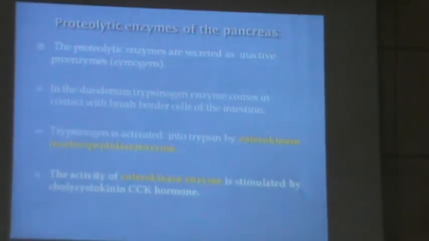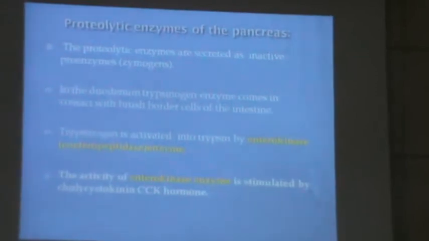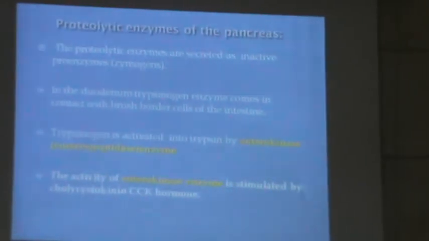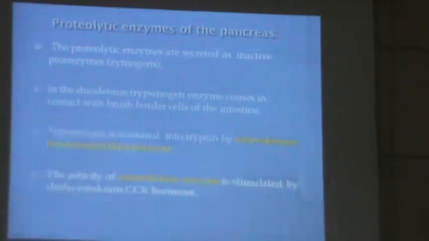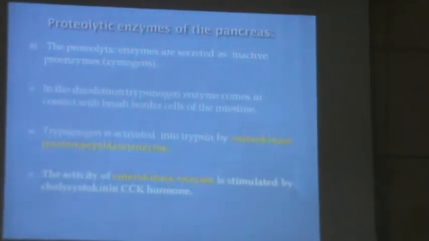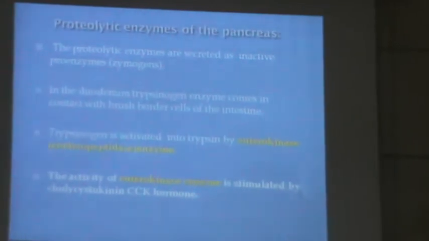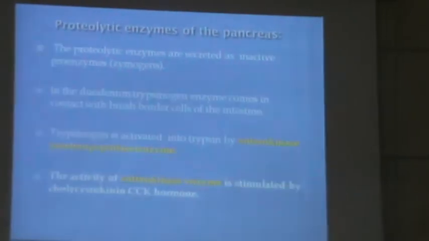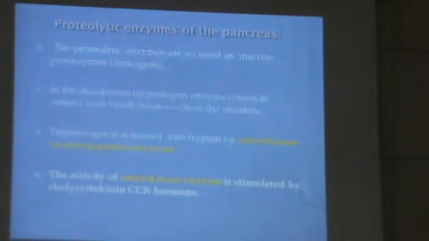Importantly, this enzyme is activated with the hormone cholecystokinin, and this is the hormone that, as we are going to know later, is responsible for stimulation of the enzyme portion of the pancreatic juice.